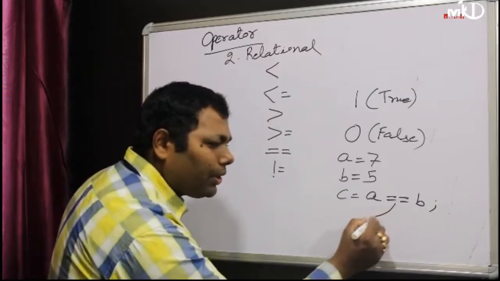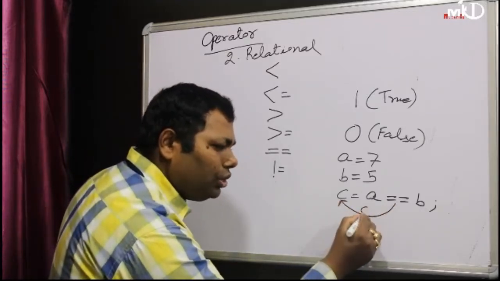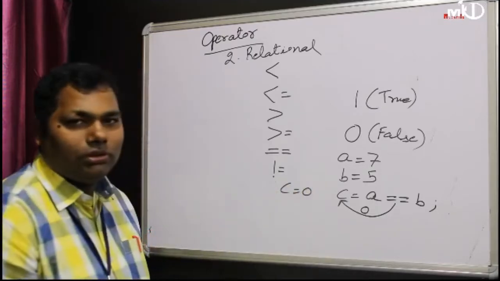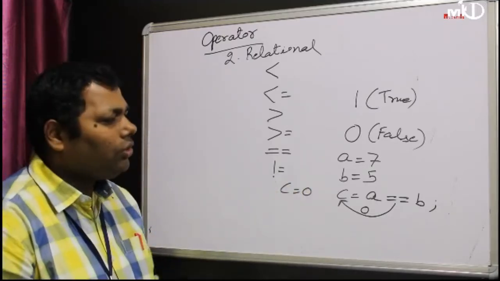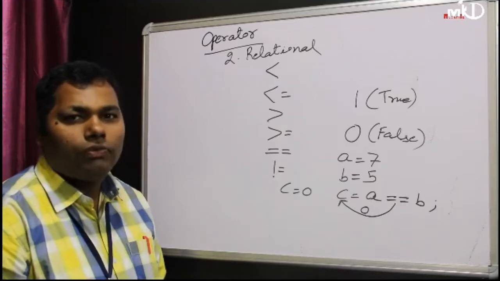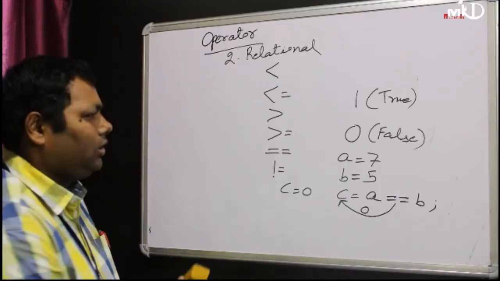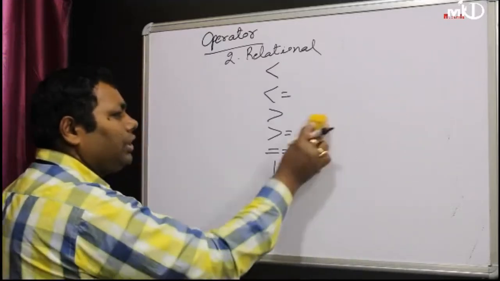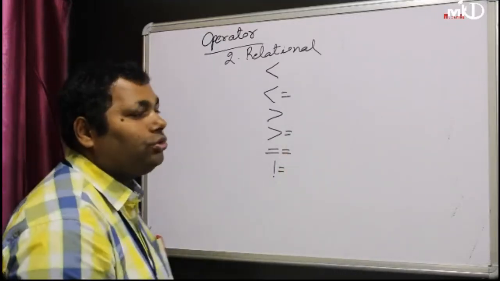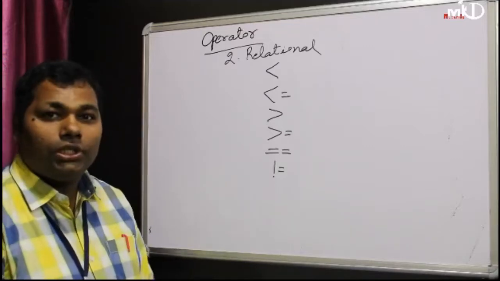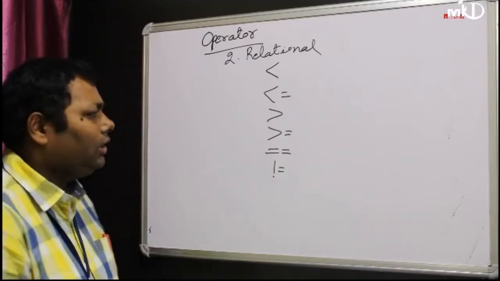So this relational operator returns 0 to C. So now C equal to 0. Clear? Similarly we can use the other operators to find whether the relation is true or false. Generally the relational operators are used to write conditions. We will discuss how to write conditions in another class.